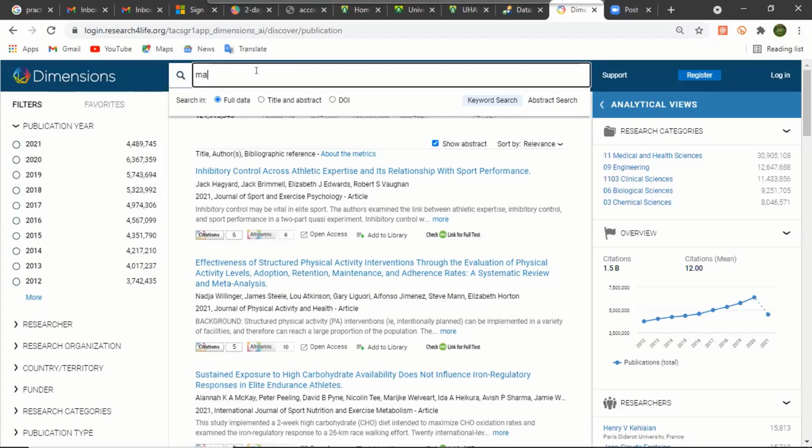I'll just say maternal and child health in Ghana. Okay, and then I simply say I'm doing a keyword search. Or I can simply press the enter key here to carry on with my search, or you can see the search icon here, whichever way you want to go.